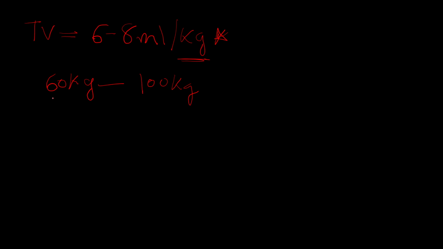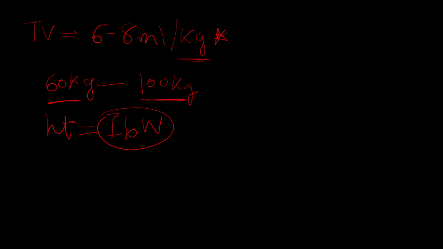So my body weight has to be calculated as per the height. As per the height, I will calculate my ideal body weight and then dial the tidal volume to 8 ml per kg of body weight. So if you dial as per the actual body weight, you will end up causing ventilator induced lung injury.